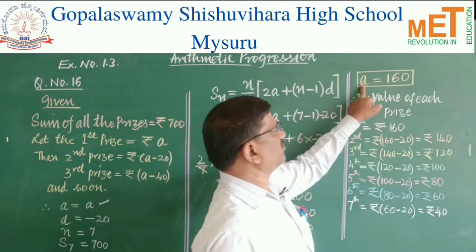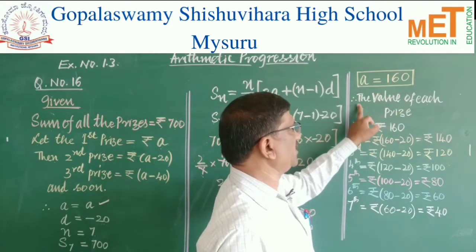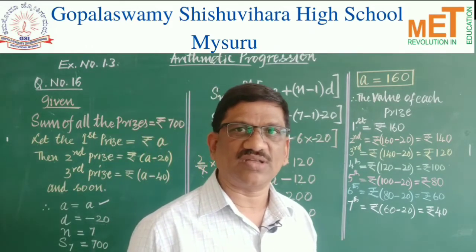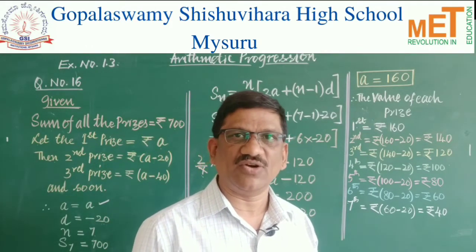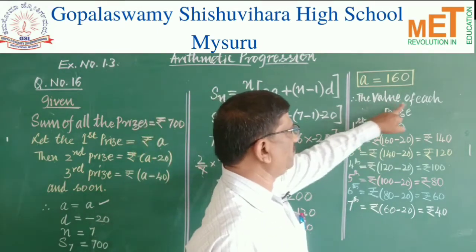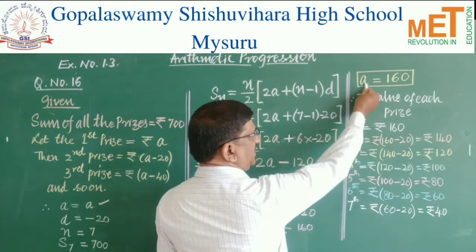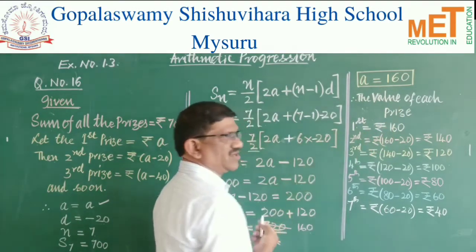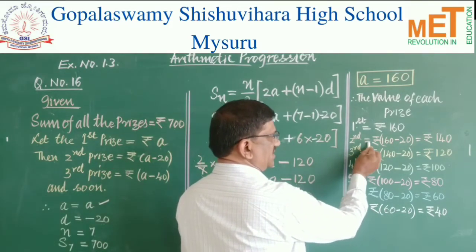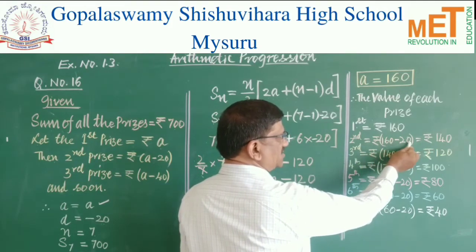After knowing that the value of A is equal to 160, we have to find out the cost of all the other prizes one by one. So the value of the first prize, which is nothing but A, is equal to rupees 160. Next, the second prize is equal to rupees 160 minus 20.